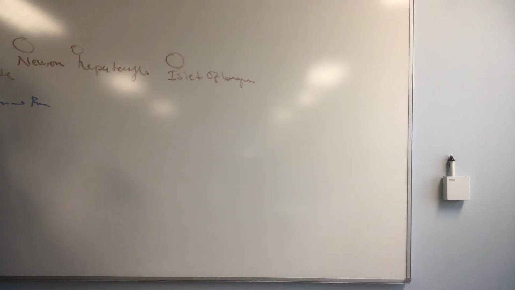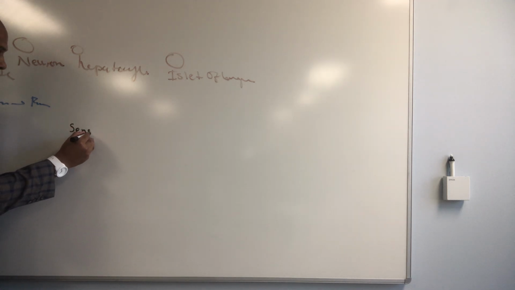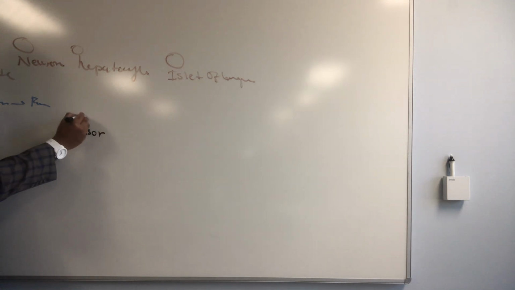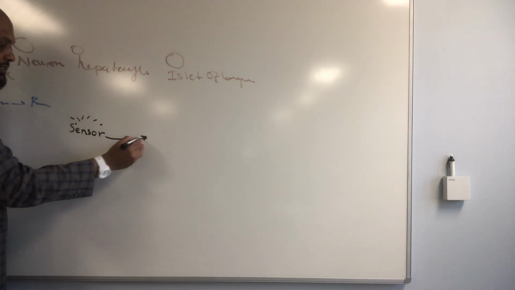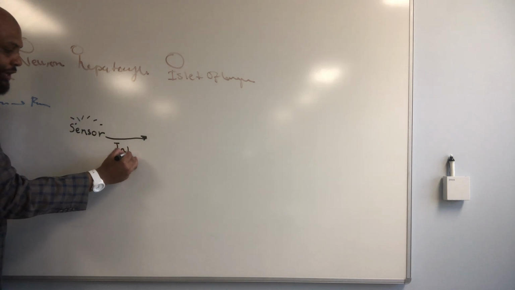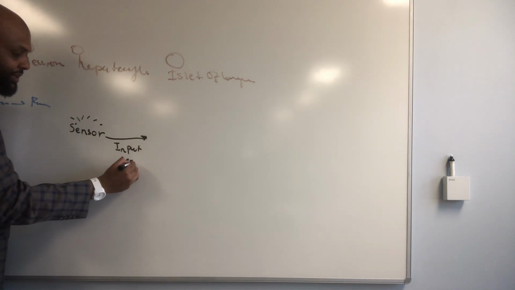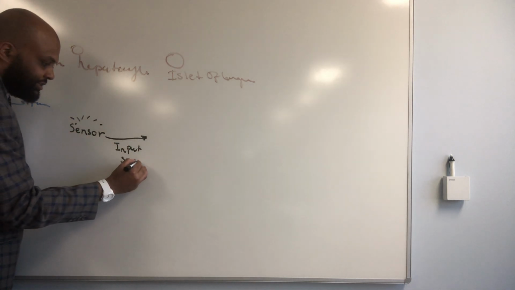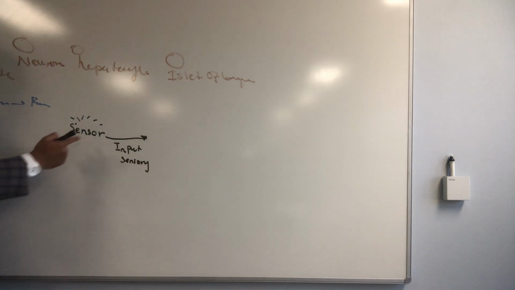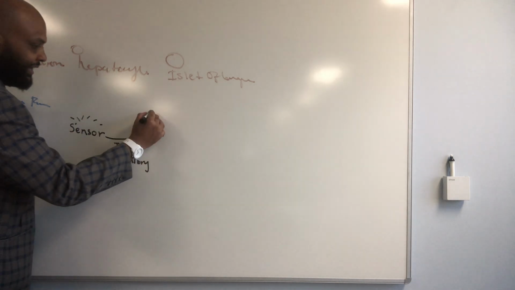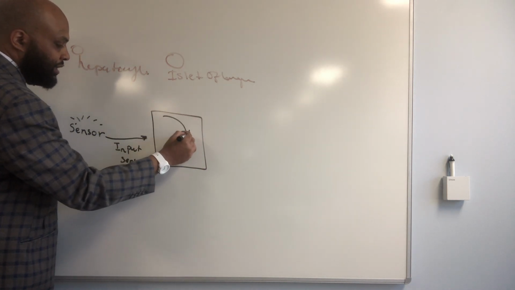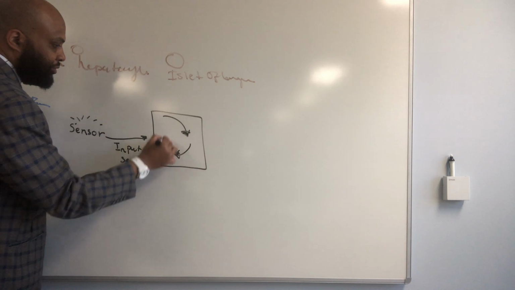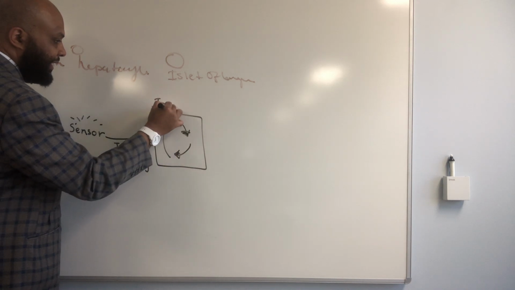And the neuron, and this is what we're going to be doing in the course, we're going to have a sensor. The sensor is going to detect a form of stress. Then it's going to use an input sensory signal and send it to a computer, an integration center, for integration.